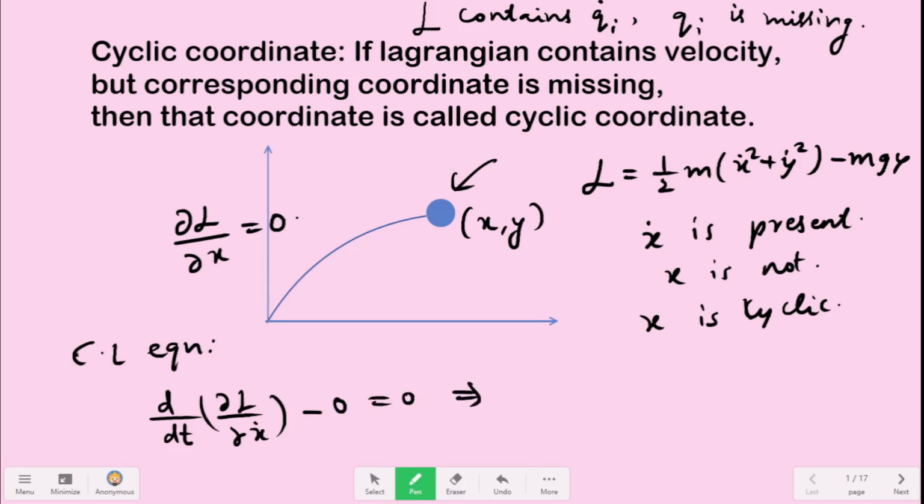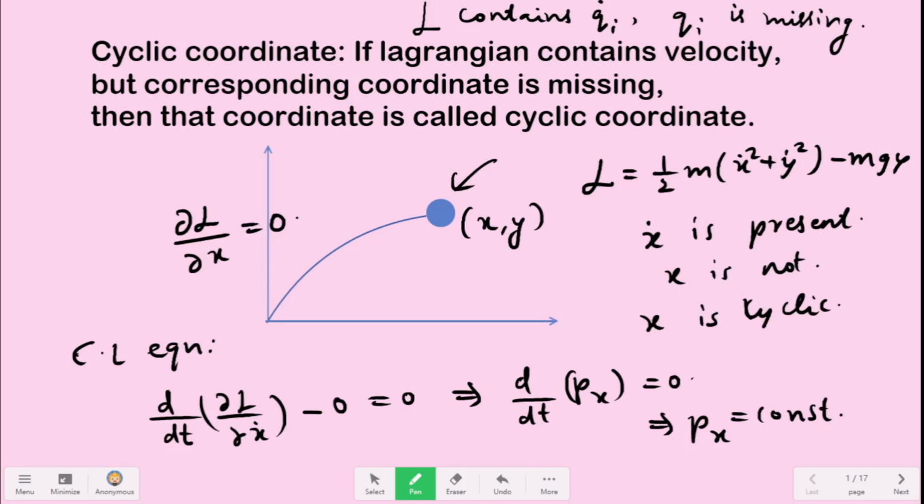This implies d by dt of del L upon del x dot, which is the generalized momentum corresponding to x, px, is equal to 0. And this implies px is equal to constant. Therefore, if x is cyclic, the corresponding momentum, which is px, will be conserved.